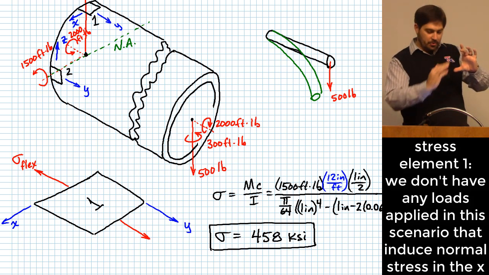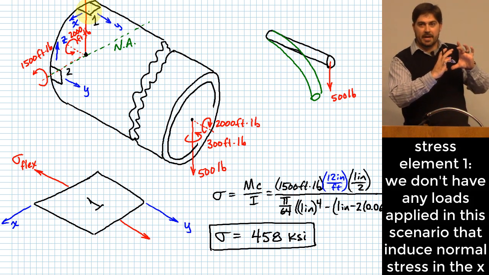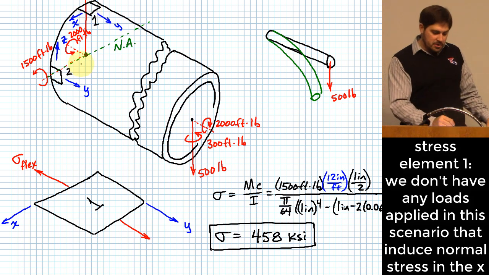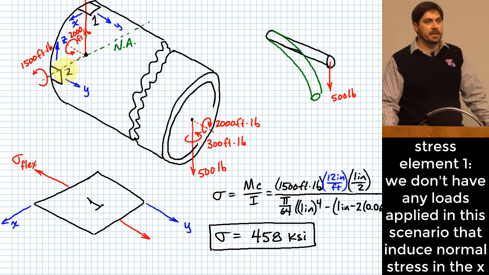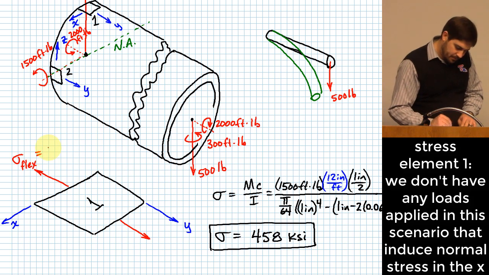It would create a stress in that x direction if we had an internal pressure inside of this pipe. But none of the loads that we have shown right here would create a stress in the x direction, at least not a normal stress in the x direction. What do you think I might be driving at for our next stress that would be important to us?